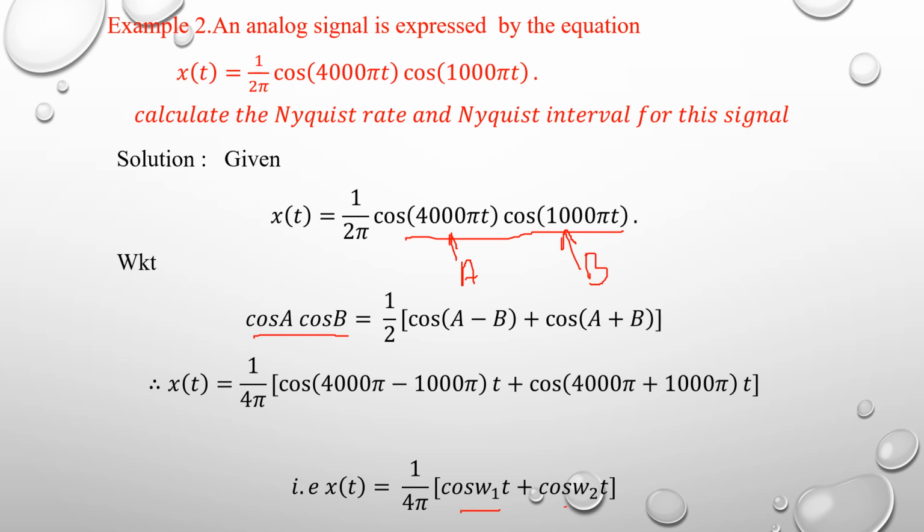Now we have to find the omega 1 and omega 2 values. Compare cos omega 1 t with cos of (4000 pi minus 1000 pi) t, and cos omega 2 t with cos of (4000 pi plus 1000 pi) t. After comparing, we get omega 1 and omega 2.